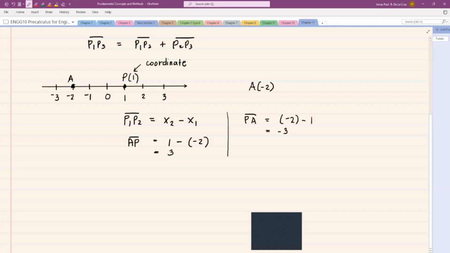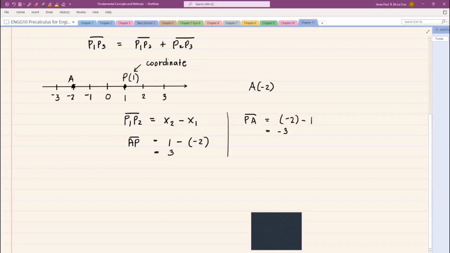So the signs of the directed distances are different, right? Because AP is going to the right, while PA is going to the left, so the directed distance is negative. So in general, the formula for the distance between 2 points on the number line is this: P1P2 is equal to x2 minus x1. So we just subtract the coordinates.